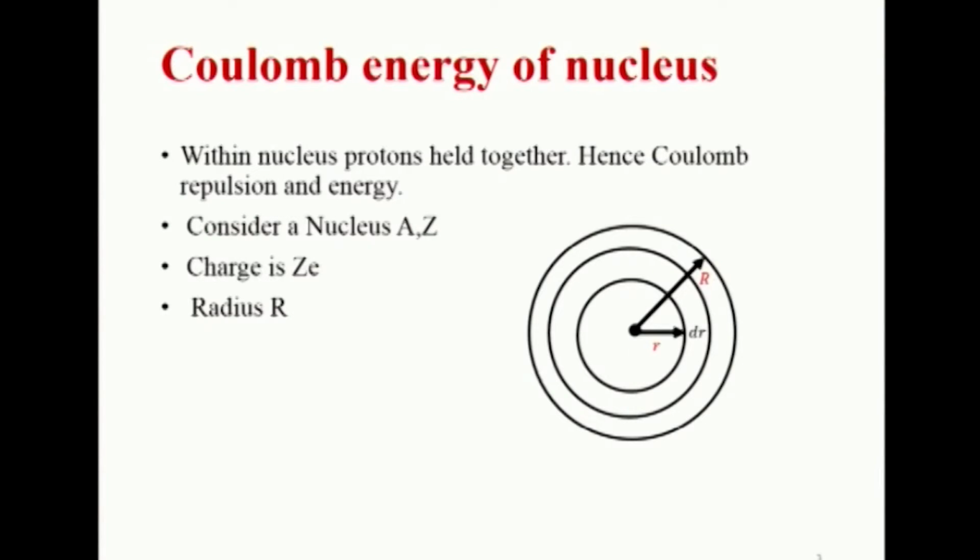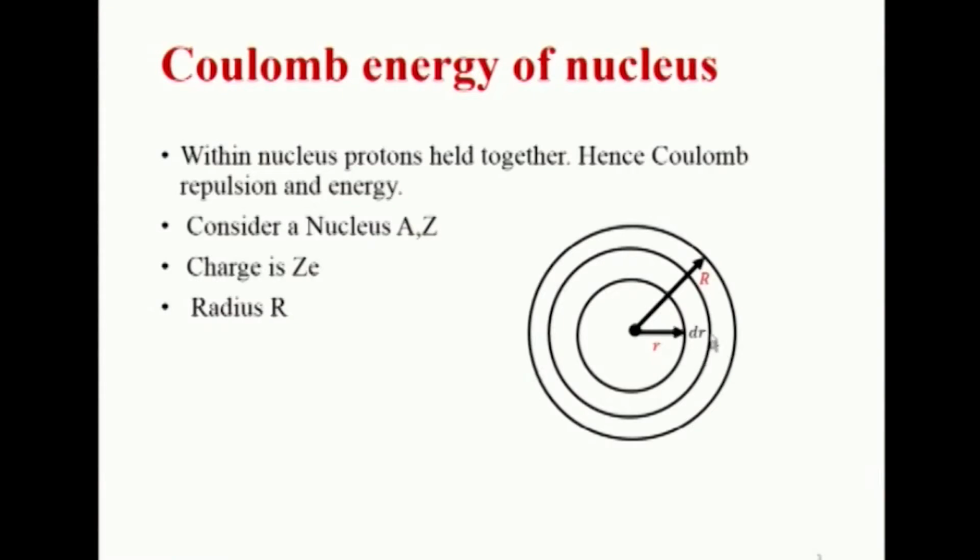Now, we want to see how you get the Coulomb energy. We are considering the nucleus to be made up of many shells. That is, the total radius is R, but it is made up of concentric shells of radius small r, where small r is a variable. Now, we consider a sphere of radius small r inside the nucleus.